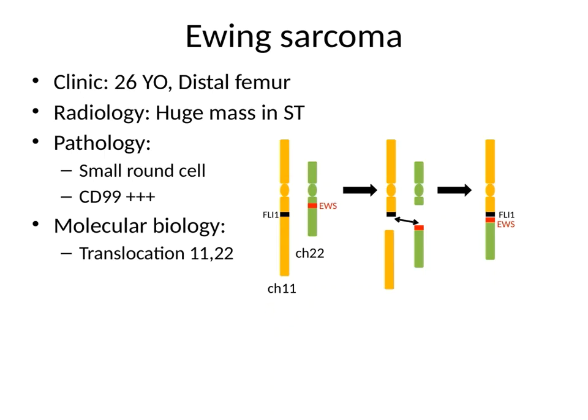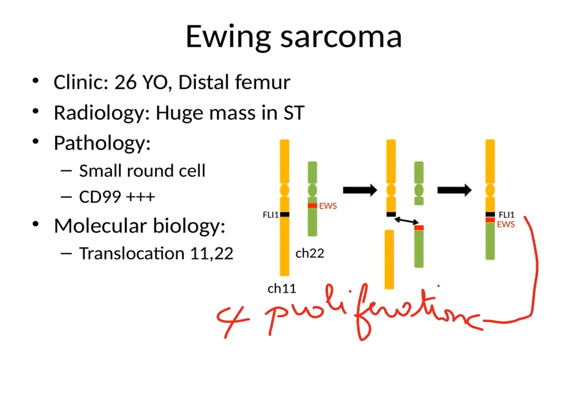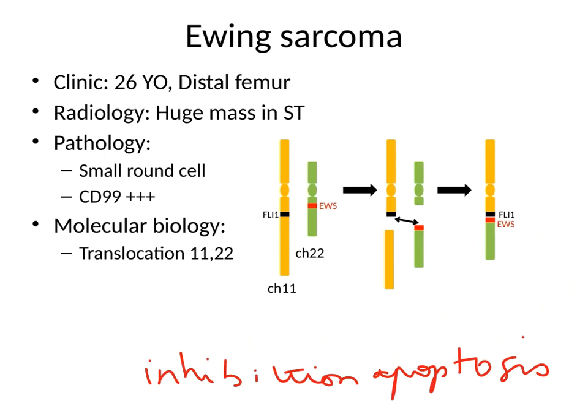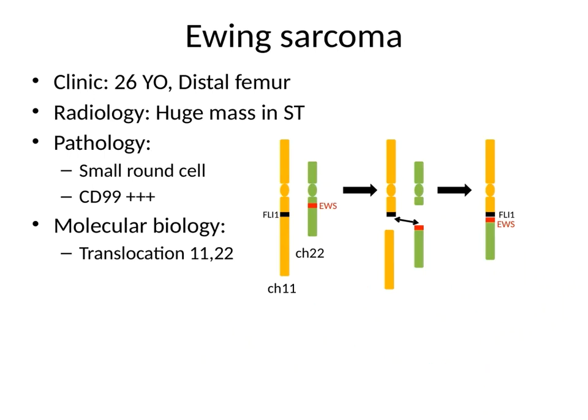This rearrangement leads to a fusion of 2 genes, FLI1 and EWS, resulting in a chimeric proto-oncogene, which is responsible for cell proliferation, invasion, inhibition of apoptosis, and so on. Ewing sarcoma is the perfect proof that cancer is a genetic disease.